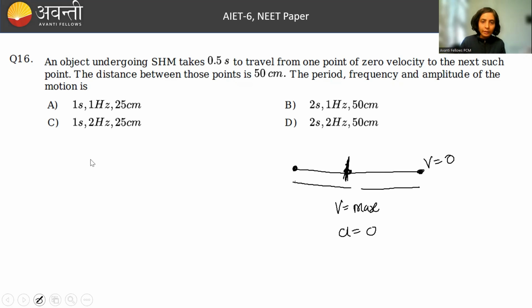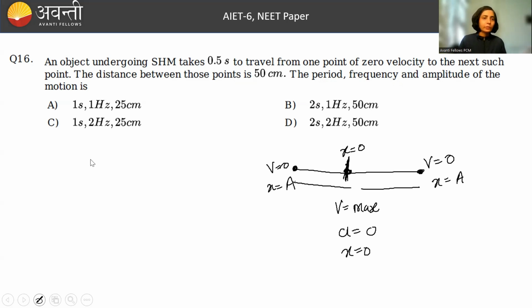If we take the mean as origin, with the particle starting from the mean position, this is x equal to 0, and here x equal to amplitude. This is the simplest SHM diagram that we read. Here also velocity will be 0 and displacement maximum, and acceleration will be maximum at the extremes.